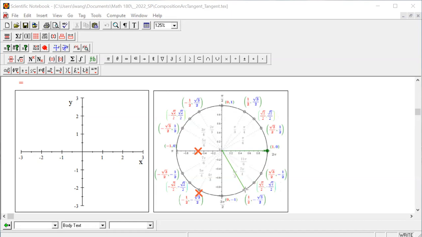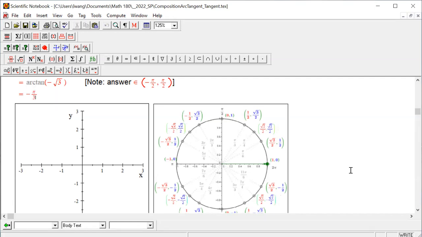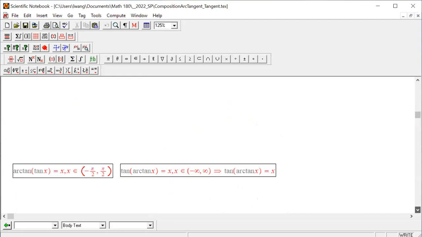So arctan of negative √3 is going to be negative pi over 3. All right, so the answer is negative pi over 3. And we did those, didn't we? We did.